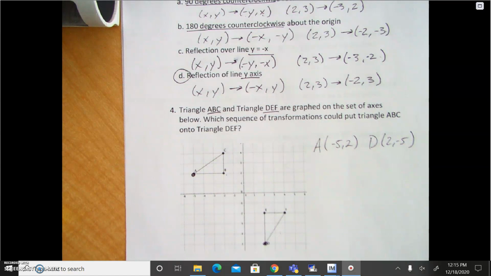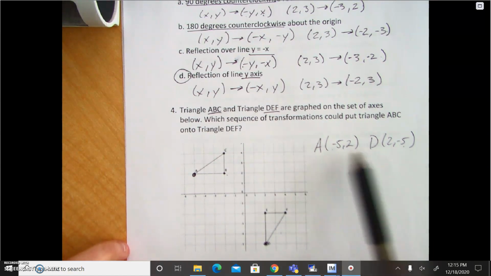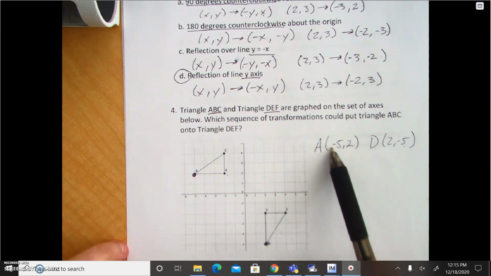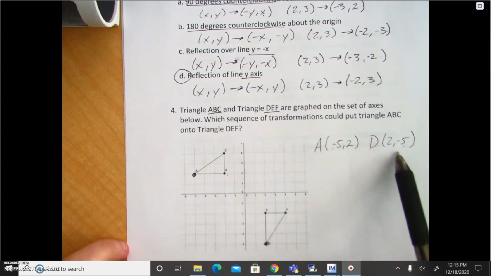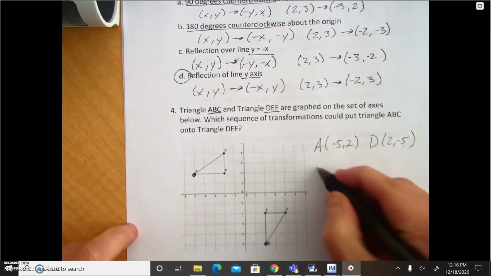All right, so I can already see a relationship. They both have a -5, but the -5 is in the x at A, but it's in the y of D. It doesn't change, so I already know that if it doesn't change and they flip, that is going to be a 90-degree rotation.